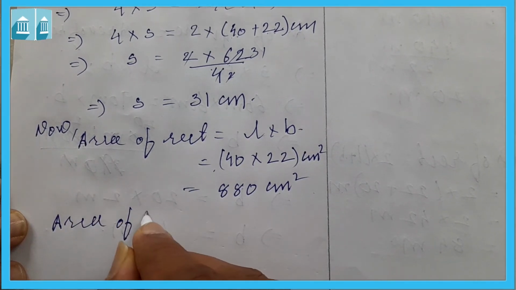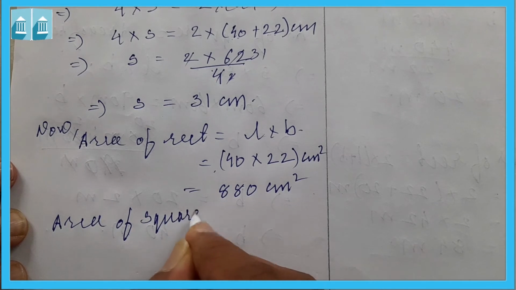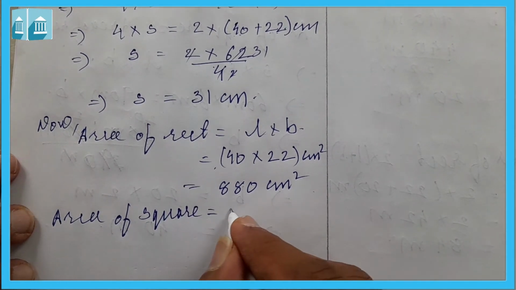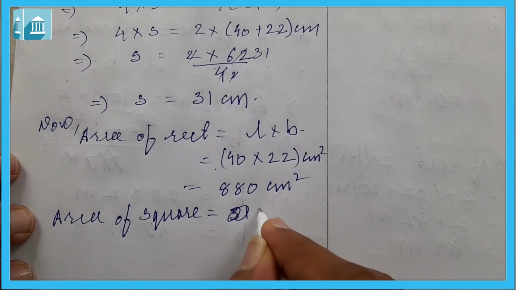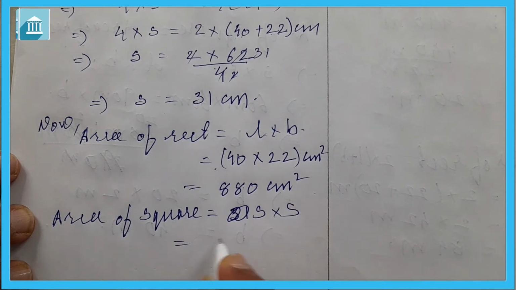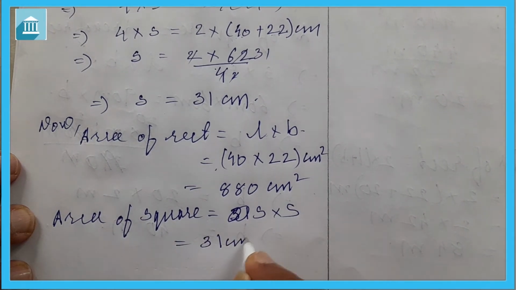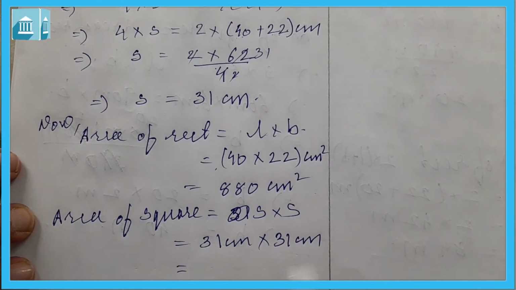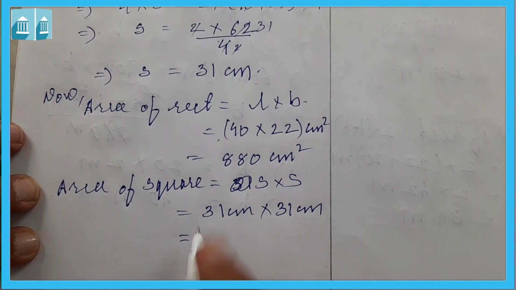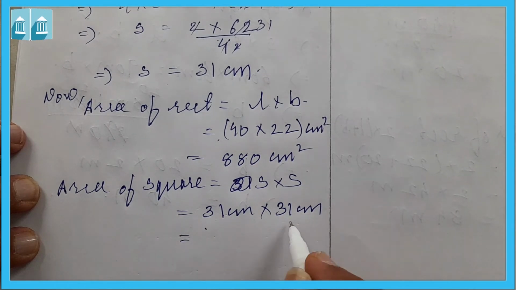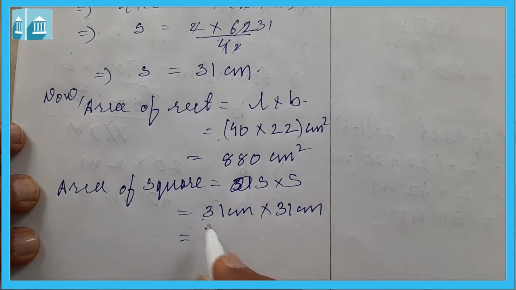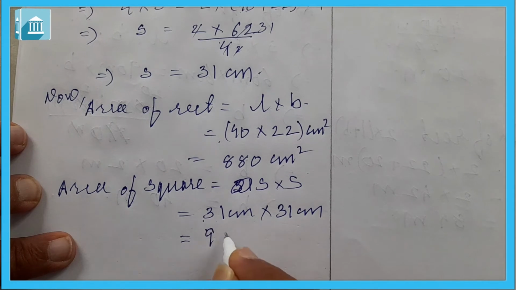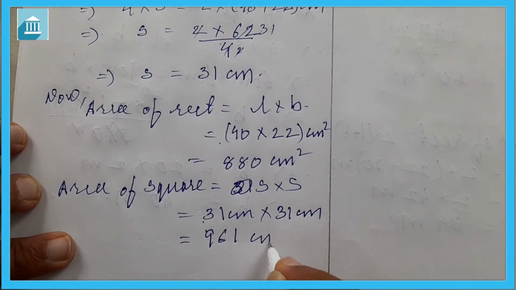Then area of square is equal to S into S, which is equal to 31 centimeter into 31 centimeter, which is 31 into 31. So 3 threes are 9, 930 plus 31, we can say 961 centimeter square.